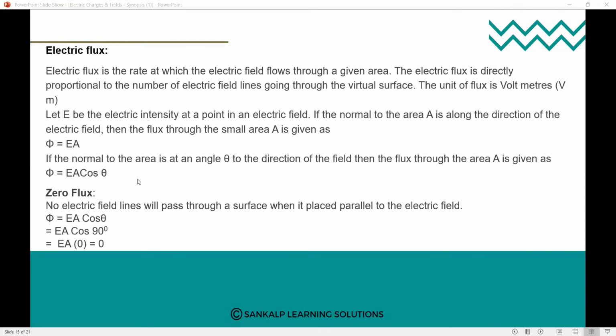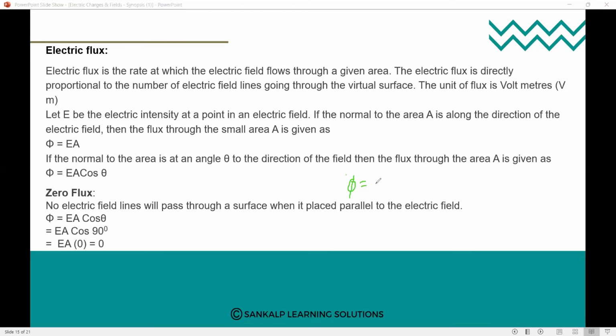As it is a dot product, cos theta comes: cos 0 is 1, cos 90 is 0. Whenever the value becomes 0, it is called zero flux. No electric field lines pass through a surface when it is placed parallel to the electric field, called zero flux.